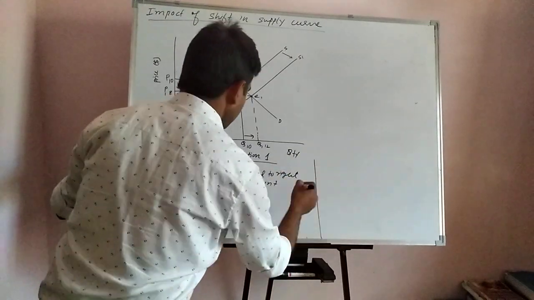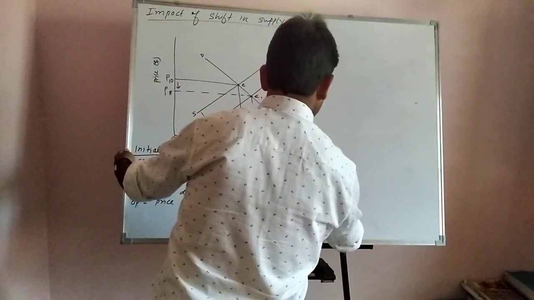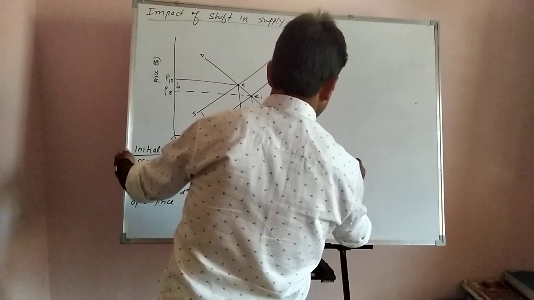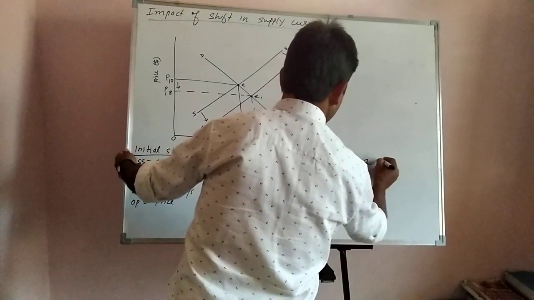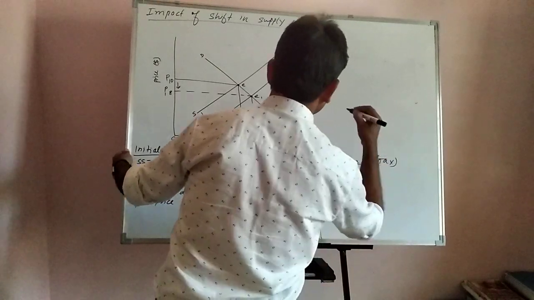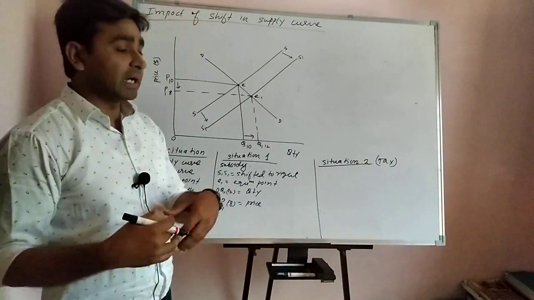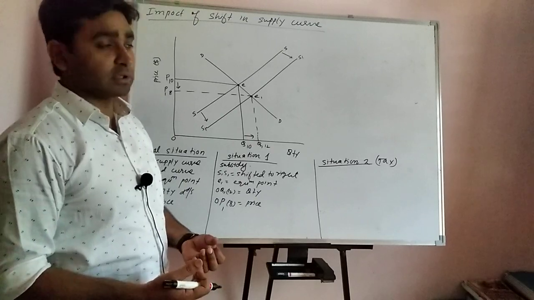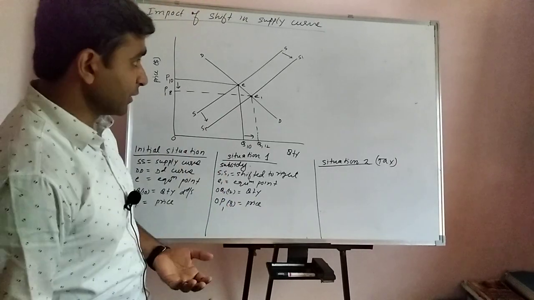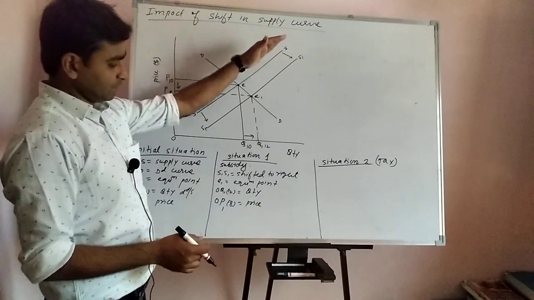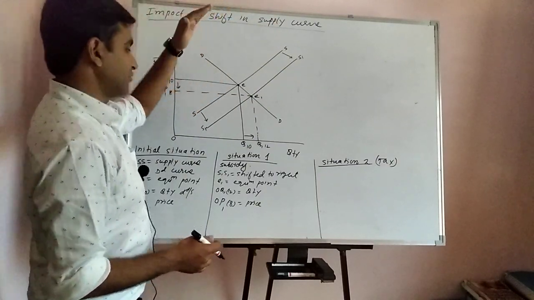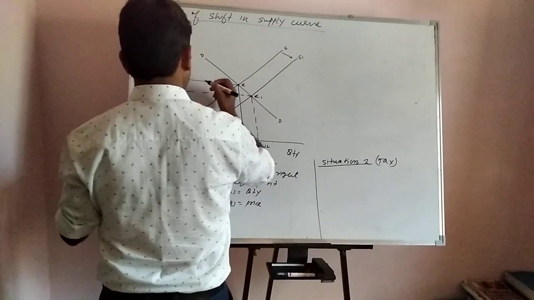Now we'll have situation 2, in case of tax. If the government imposes a high tax, in this case the supplier or the firm or the producer supplies less and the supply curve shifts to the left, towards the left. Now we'll draw left.